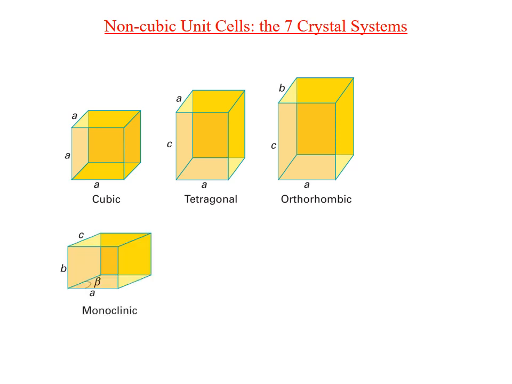Then we go to the monoclinic cell, in which we distort one of those angles away from 90 degrees. In this example we've distorted the beta angle between A and C, but in principle it could be any one of the 3 sets. And the next step from that is then to distort all the angles away from 90 degrees. This is called a triclinic cell, and it has the lowest symmetry of all the crystal systems.